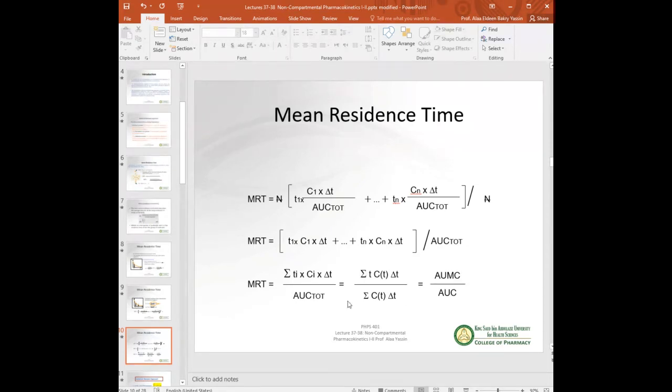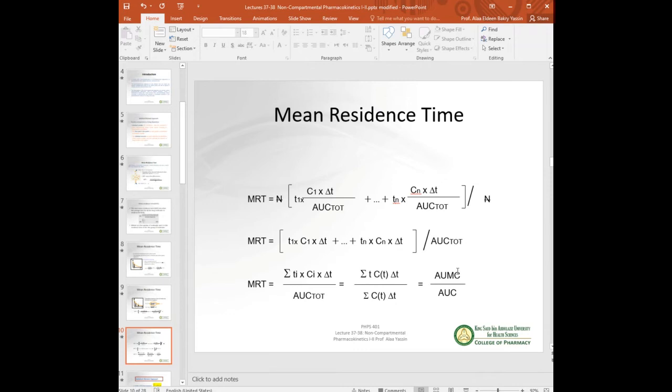The first moment curve divided by the AUC can give us what is called MRT. Is anything not clear that needs to be clarified more?